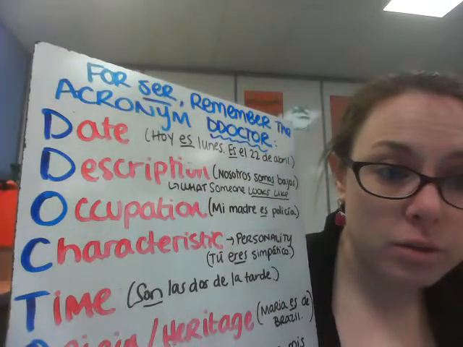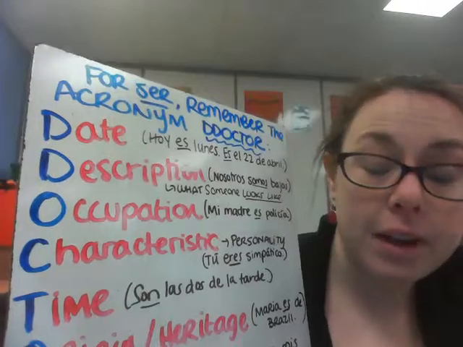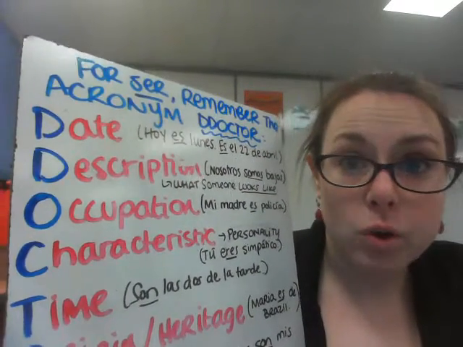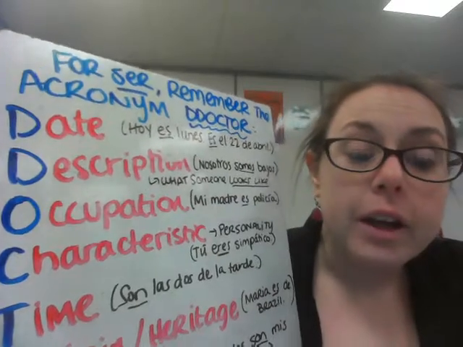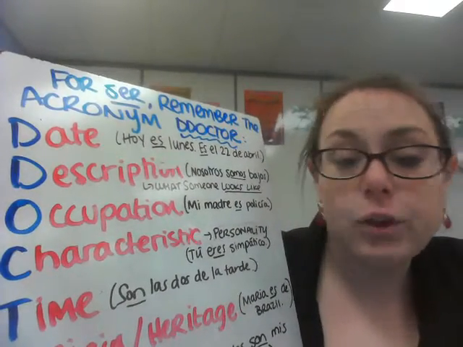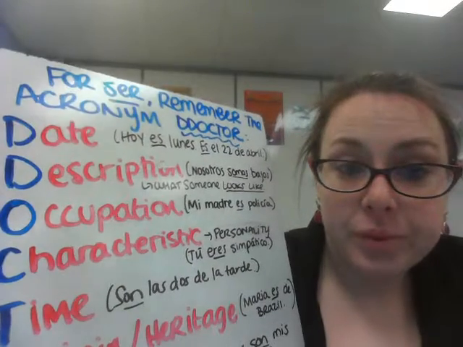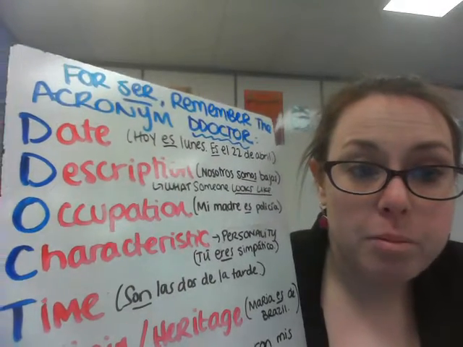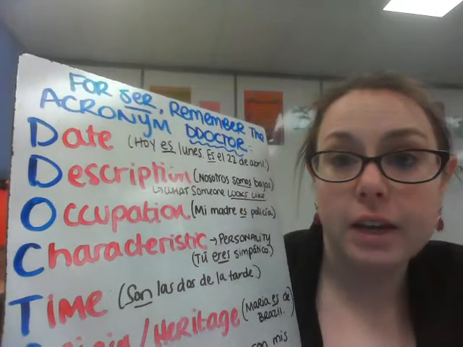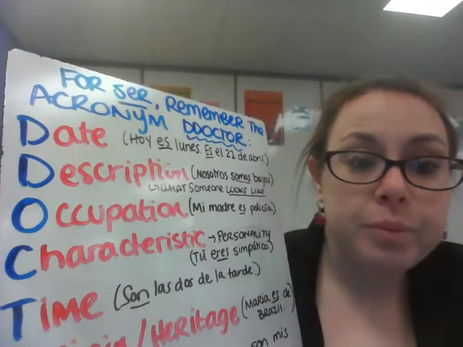Occupation talks about what someone does for a living, like mi madre es policía, or señora Miller es una maestra. Characteristic is a description of someone's personality, like tú eres simpática. Okay, so that's different from description in that it's something that you can't necessarily see when you look at someone.